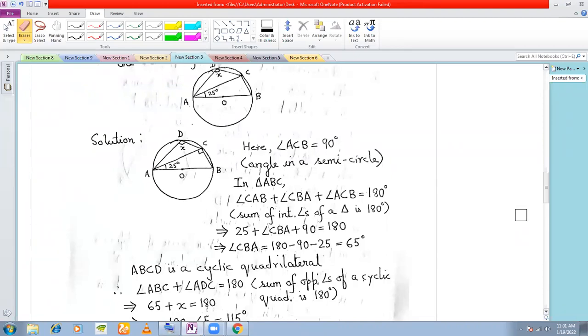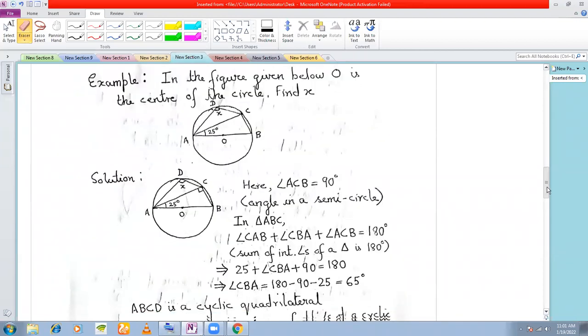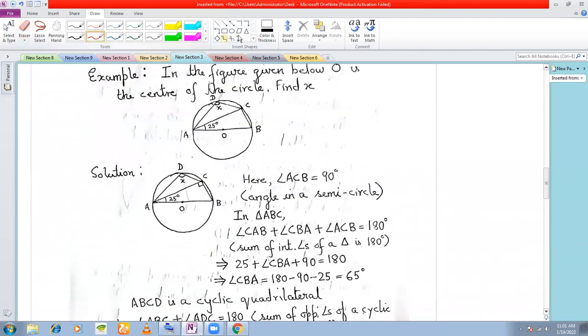So how am I going to solve this sum? Look at the figure. You can go through these notes. First of all, since O is the center, this angle that is made here is an angle in a semicircle.